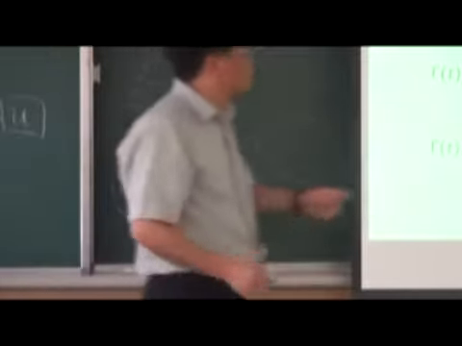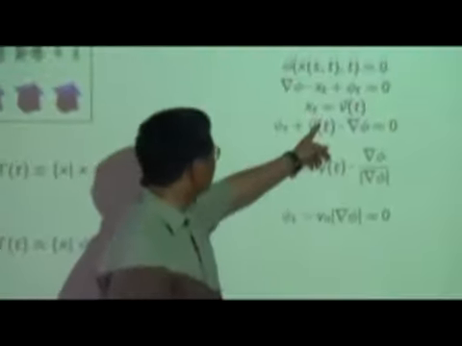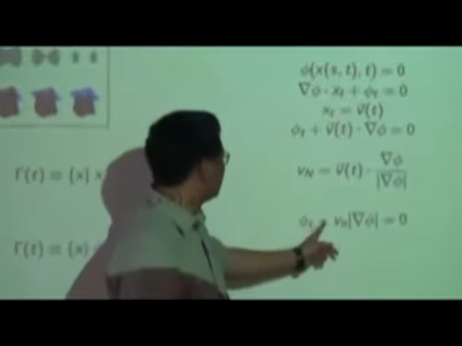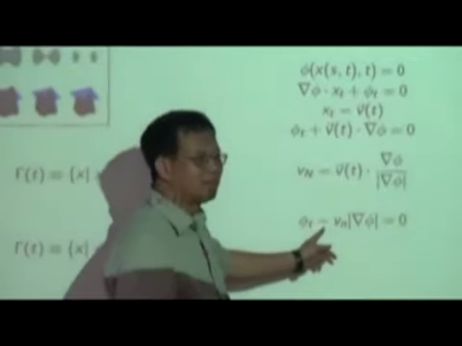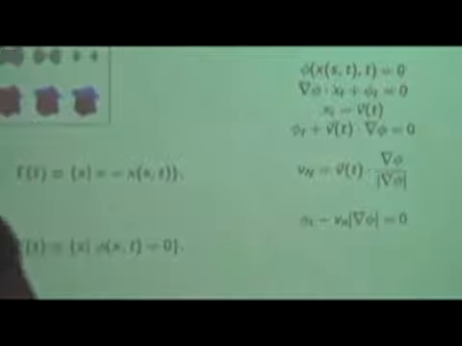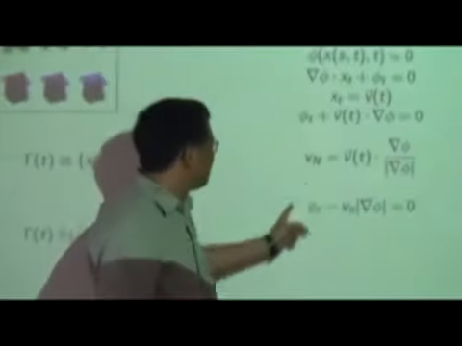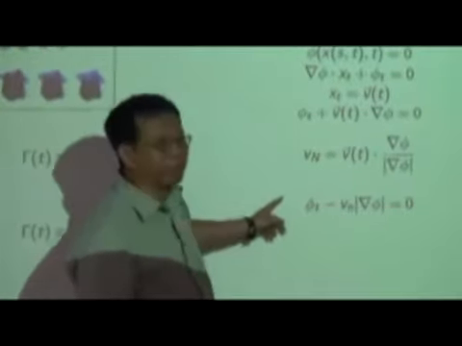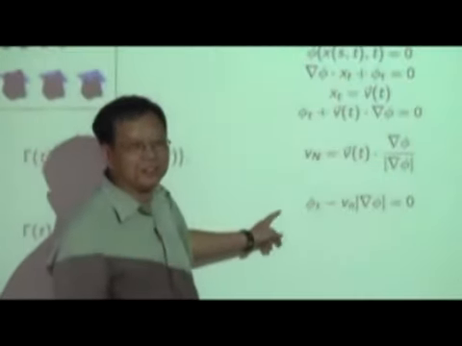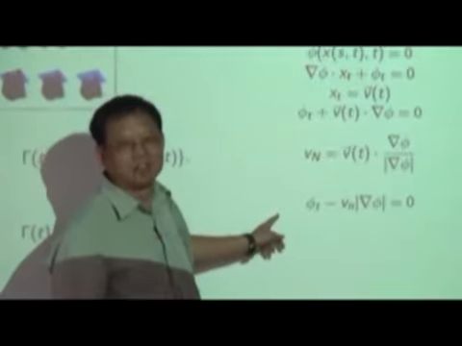So if you define this as the normal velocity, here should be plus, here should be plus. If you want to move a curve with a normal velocity V_n, it is equivalent to moving the level set by this equation. So this is the well-known level set equation.